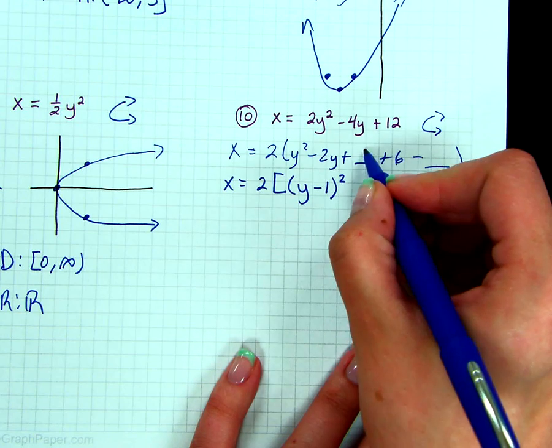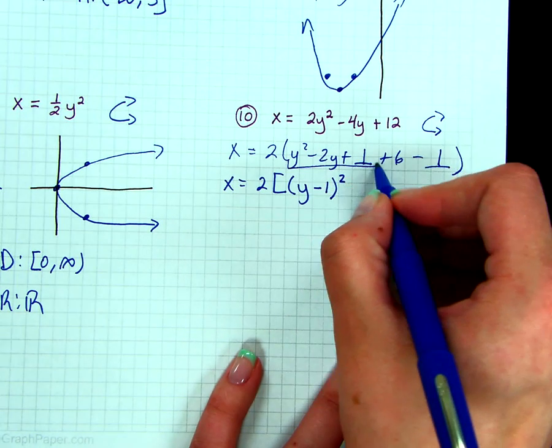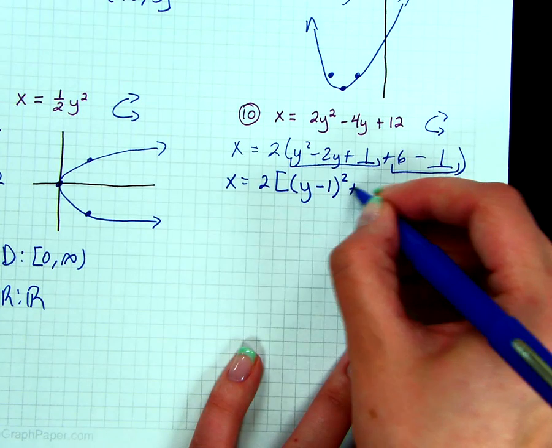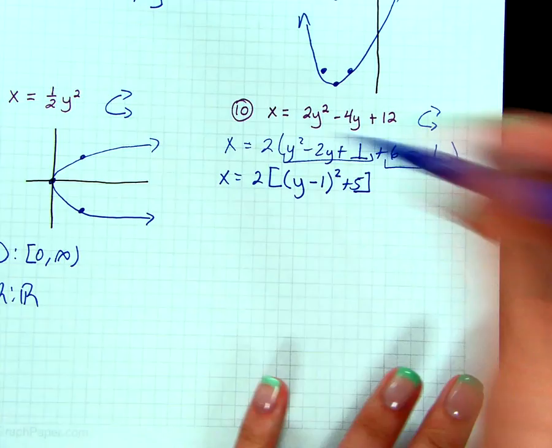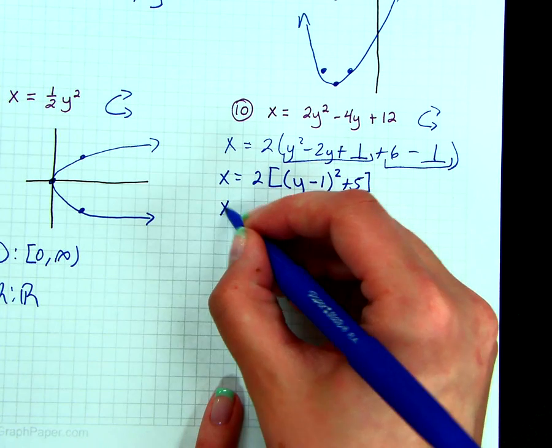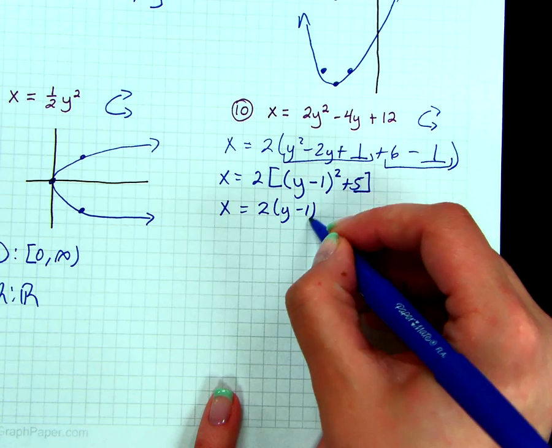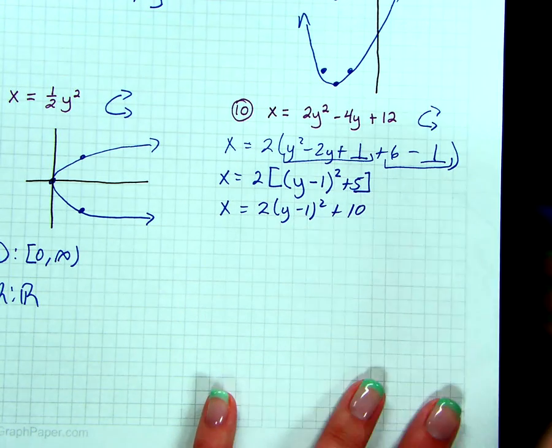Negative 1 squared is 1, so that number goes here. Then we are combining that 6 and negative 1 to get 5. And because we factored at the beginning, we need to distribute that back in. So we are graphing the equation x equals 2, and then in parentheses y minus 1 squared, and then 2 times 5 is 10.